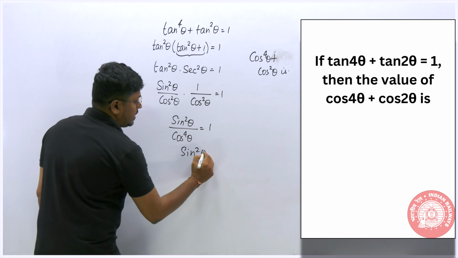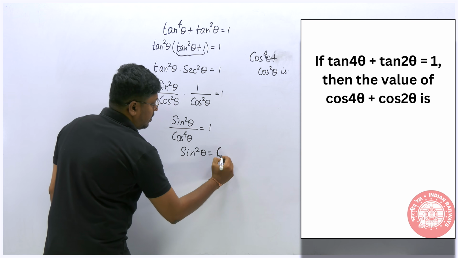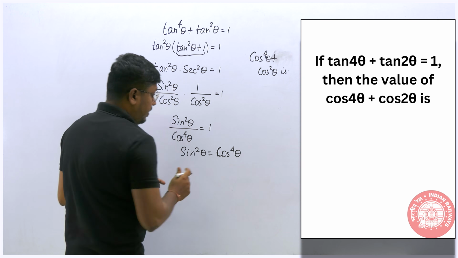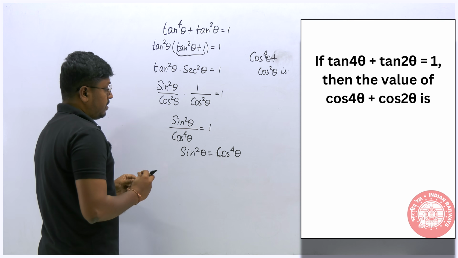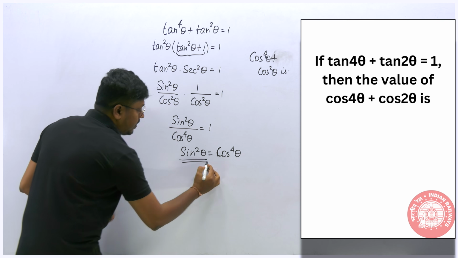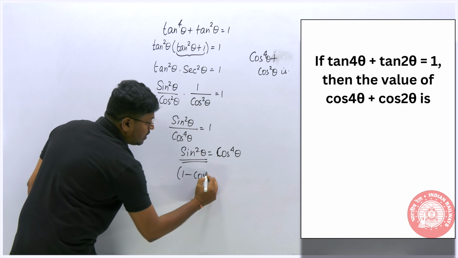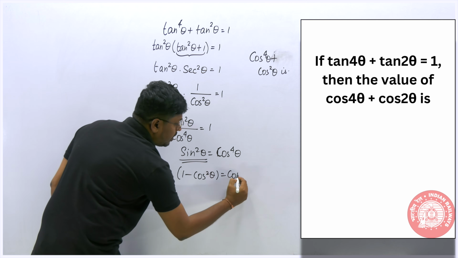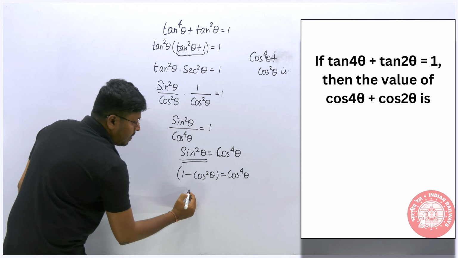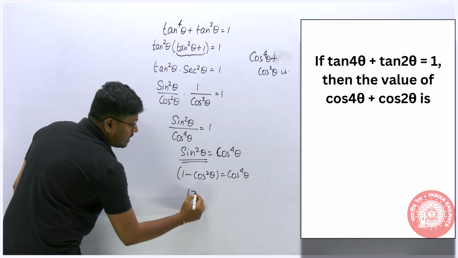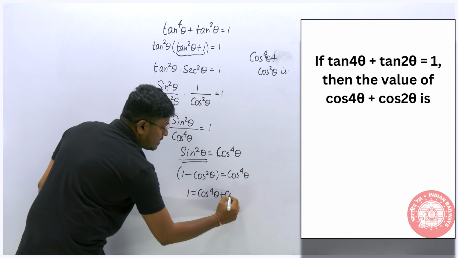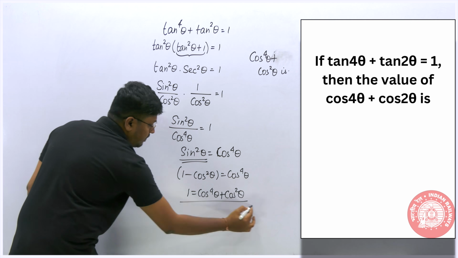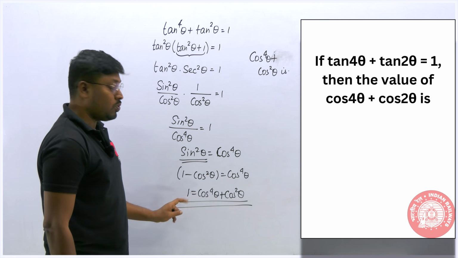So sin square theta is equal to cos power 4 theta. Now we have to bring cos power 4 and cos square. So sin square, in order to convert it, 1 minus cos square theta is equal to cos power 4 theta. So now this can be written as 1 is equal to cos power 4 theta plus cos square theta. So finally the answer for this question is 1.